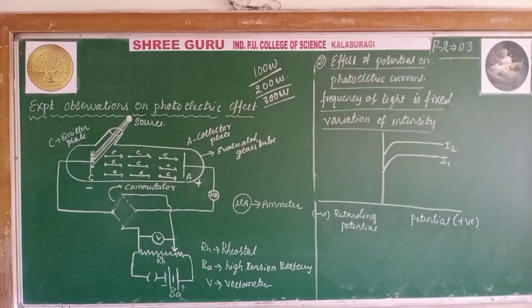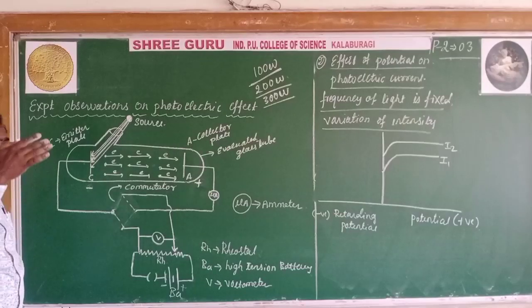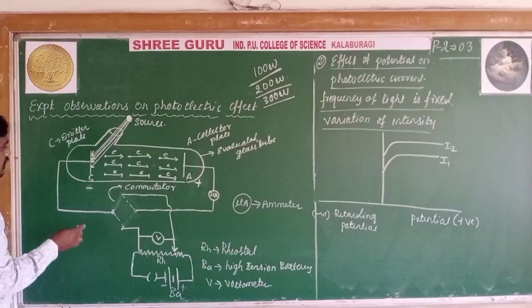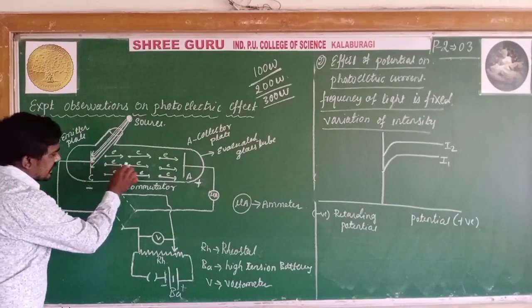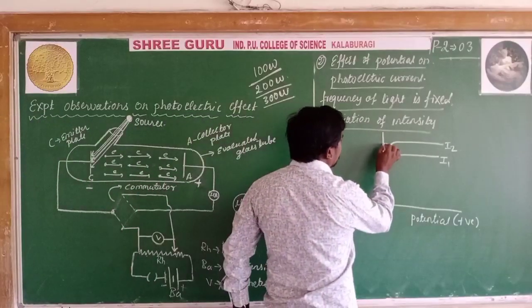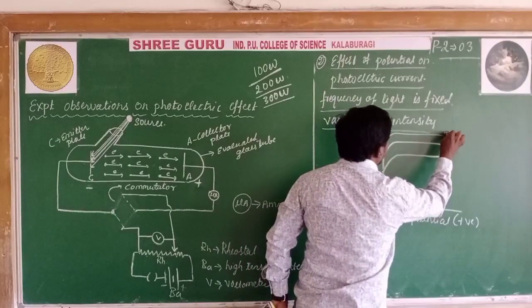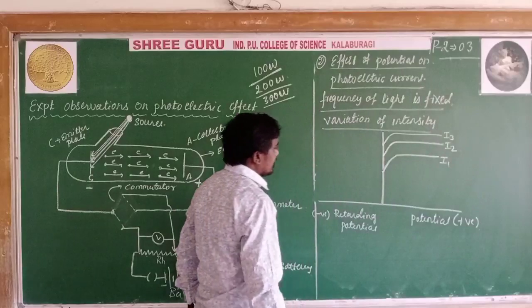If 100 watt is given, 100 electrons will come out, not fixed. It depends on the metallic surface and also on the nature of metals. Though the number of electrons increases, if the potential increases, the current also increases and it becomes saturated. This is the third intensity.